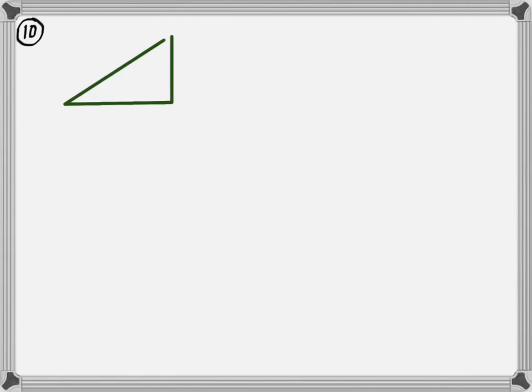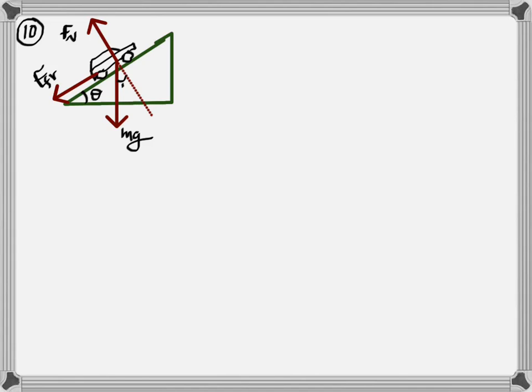Number 10. The weight of the car acts down, mg. Normal reaction is Fn, and friction is against the motion. And so friction is upwards because the car is trying to slide down. And the weight is resolved into two components.